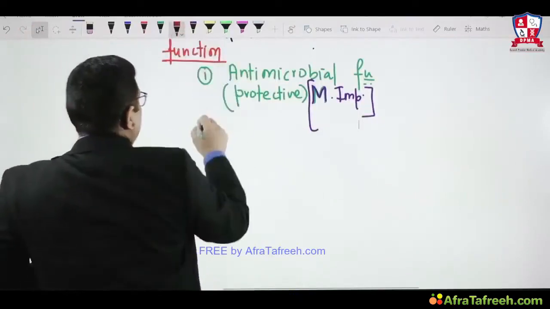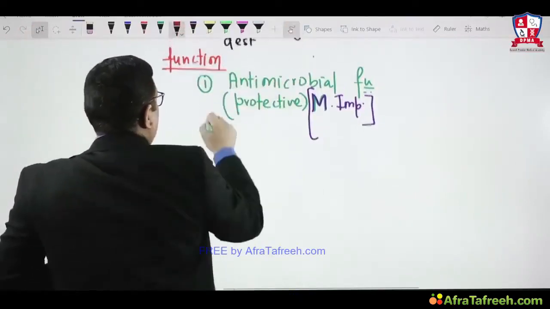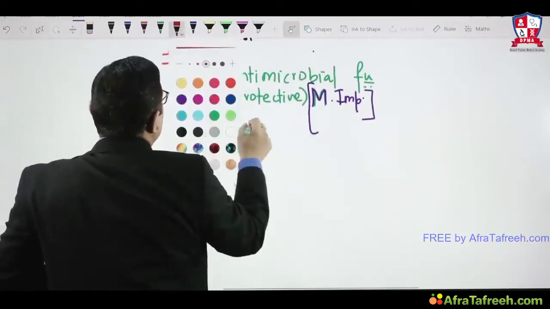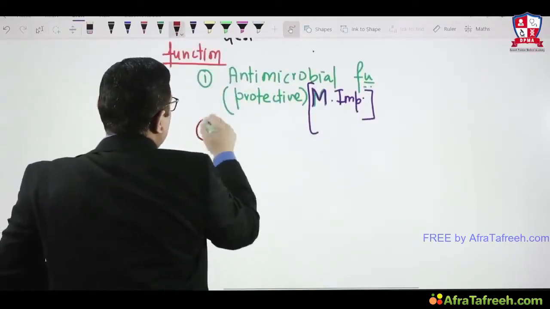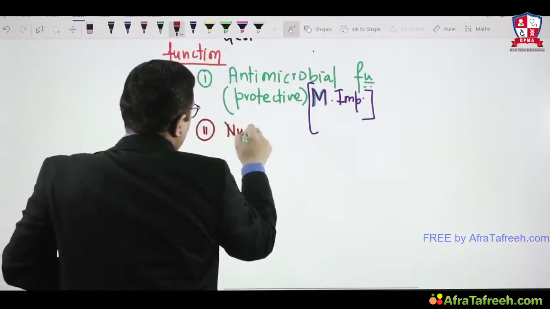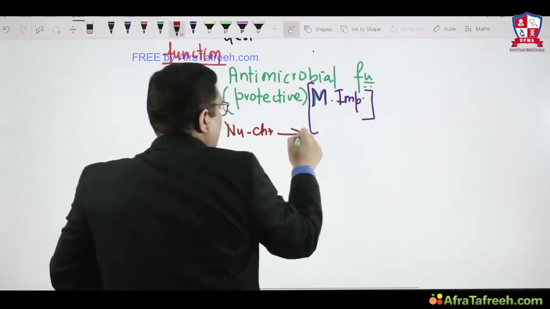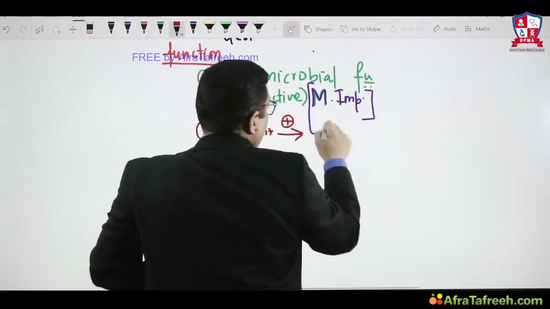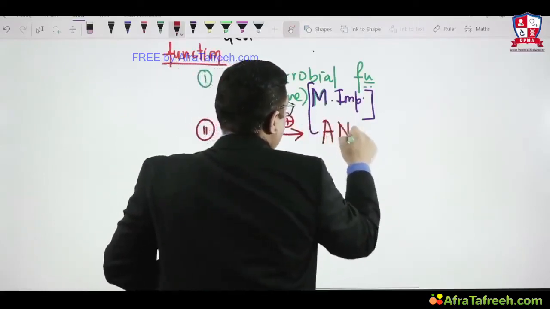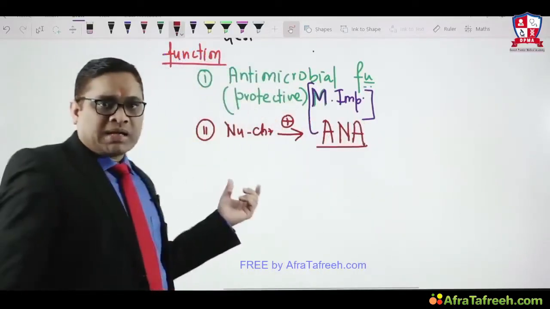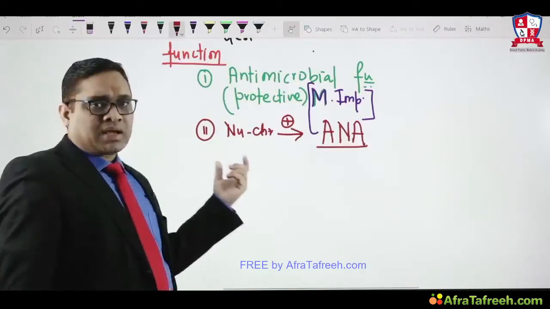Remember, apart from this, what we need to understand is that the nucleus will be exposed, and this nuclear chromatin can provoke the formation of anti-nuclear antibodies, right? Because the nuclear chromatin has been exposed, definitely it will behave like an antigen.